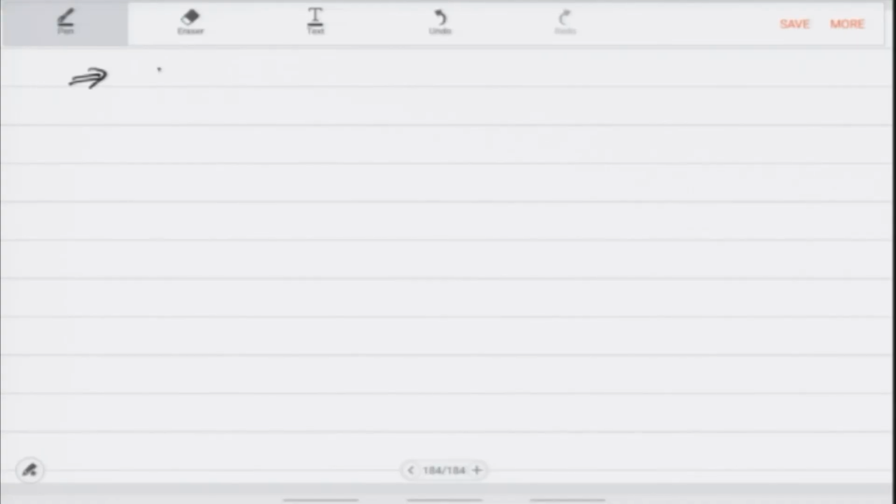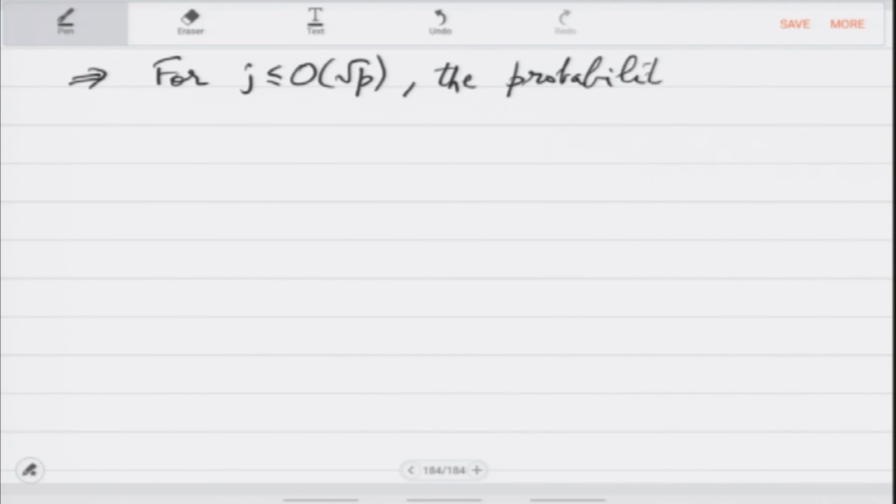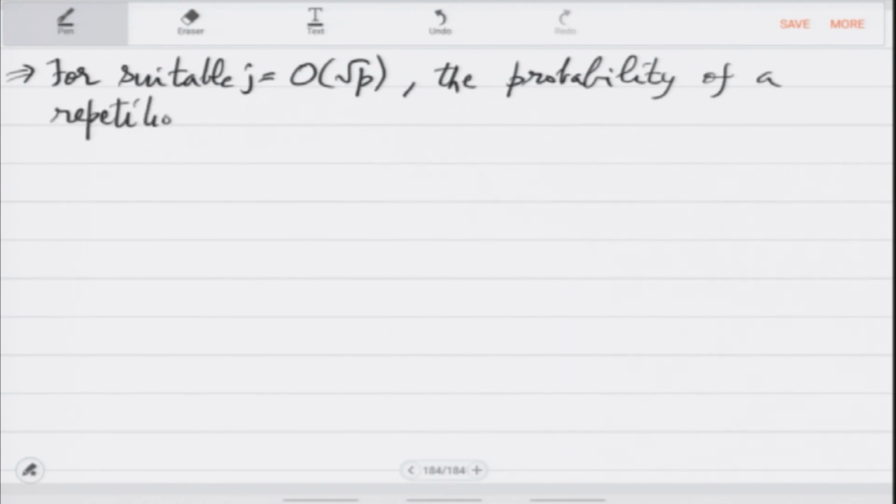So this implies that for j smaller than square root p, for a suitable fixing of j, let's say square root p by 10, the probability of a repetition mod p is good.